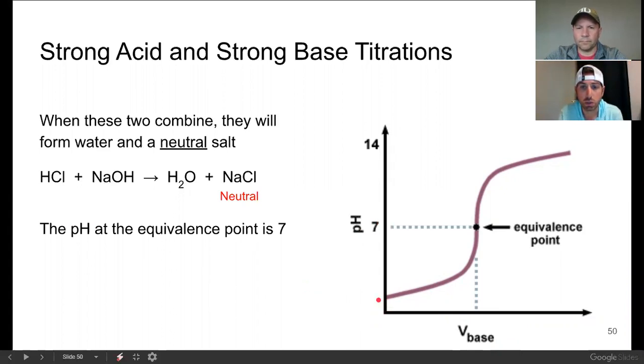We want to know what happens when we're increasing that volume, meaning we're using more base. Eventually it turned pink, and when it turned pink, that was what we call the equivalence point. That means the hydrogen ions were equal to the hydroxide ions. That's really the whole point of this: we're neutralizing acids and bases.